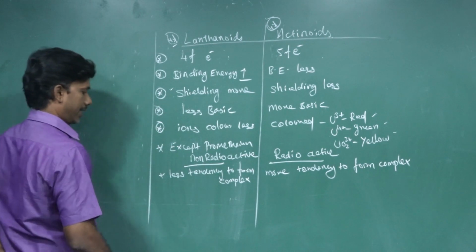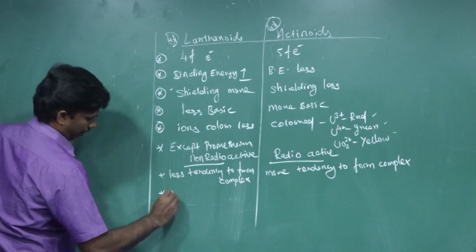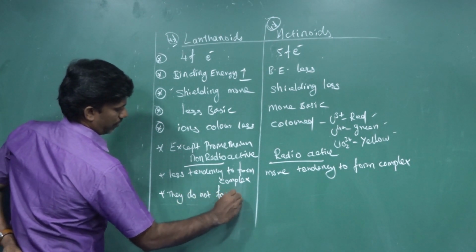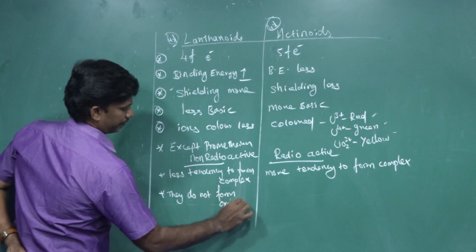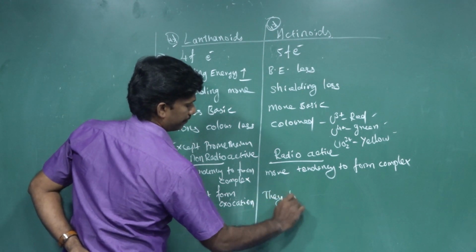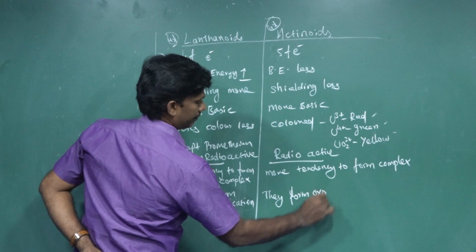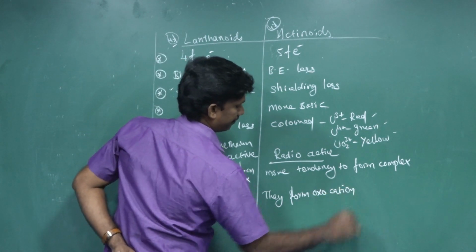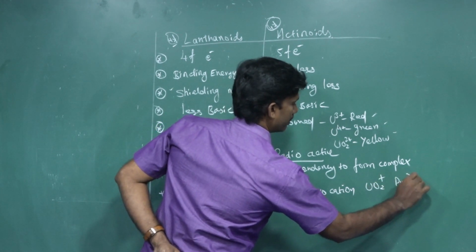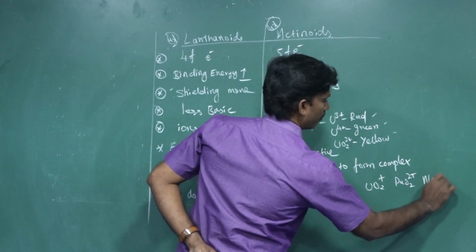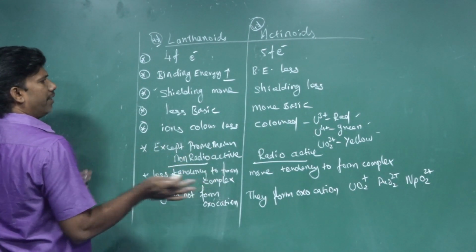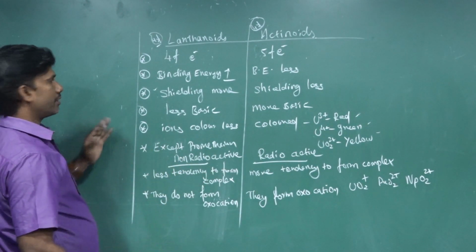Lanthanides do not form oxocations. Actinides form oxocations, for example PO2 plus. So these are the main differences between the lanthanides and actinides.